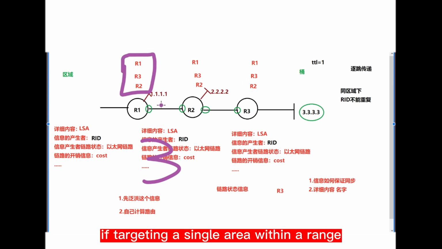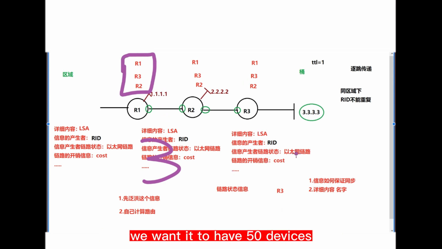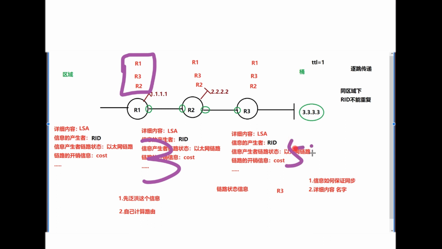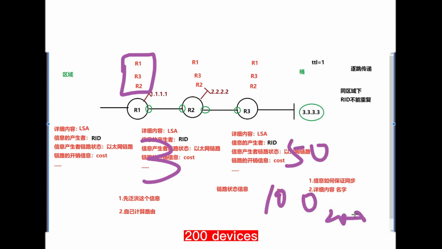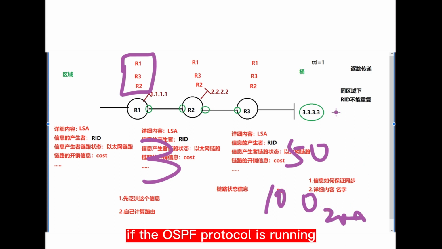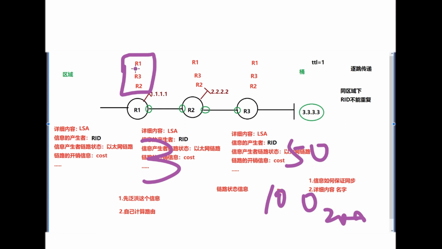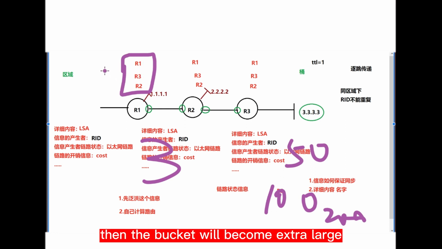If we target a single area, we may want it to have 50 devices, even 100 or 200 devices. If the OSPF protocol is running in such a large environment, to synchronize this database, it will become extra large.